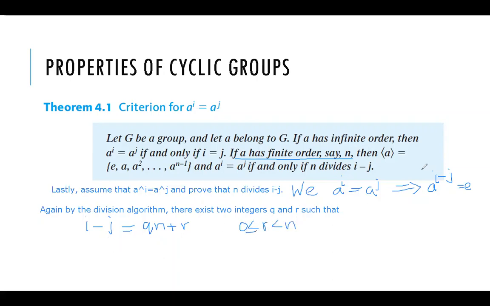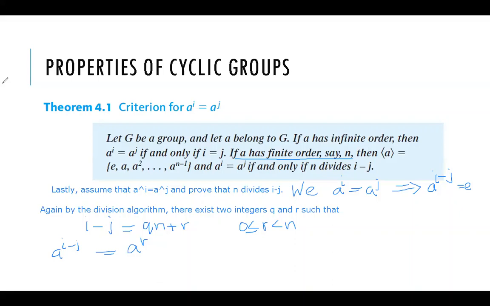Now, if I replace i minus j by this qn plus r, by the similar argument that we used in the second part of this theorem, I get a^(i-j) equals a^r.